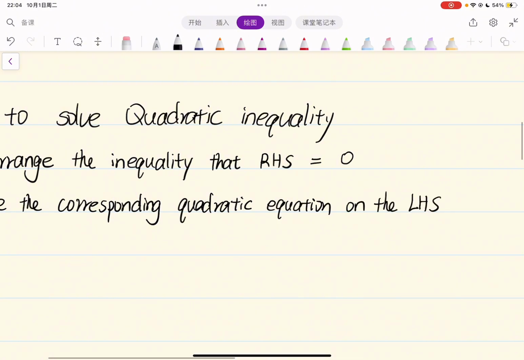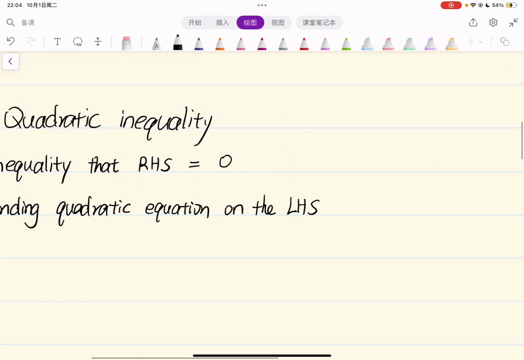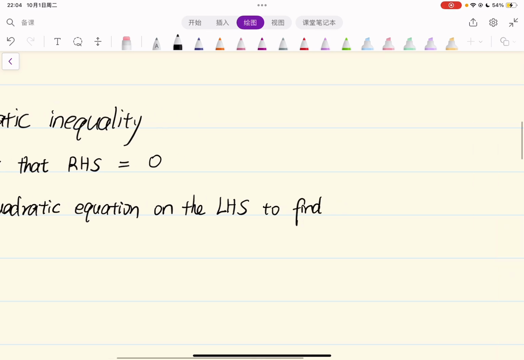Why do we need to do that? We need to find the critical values.